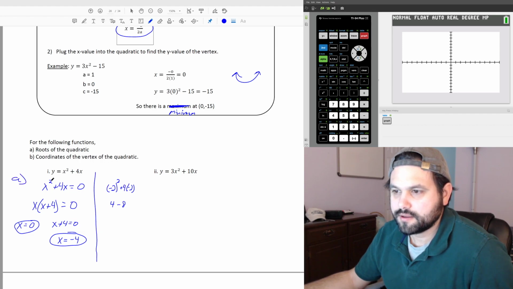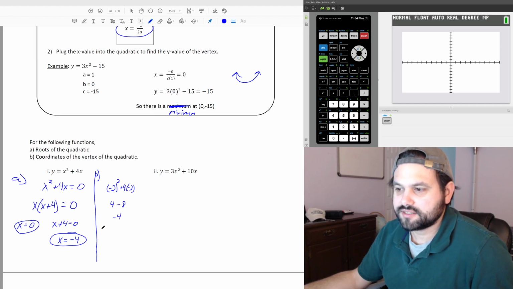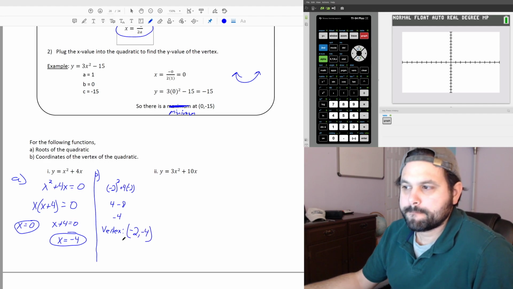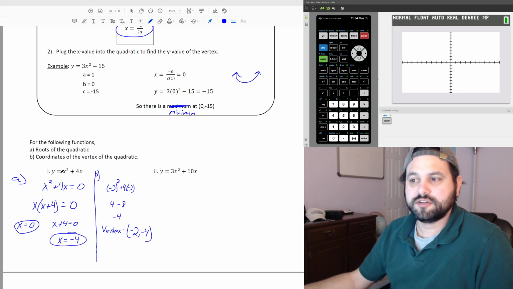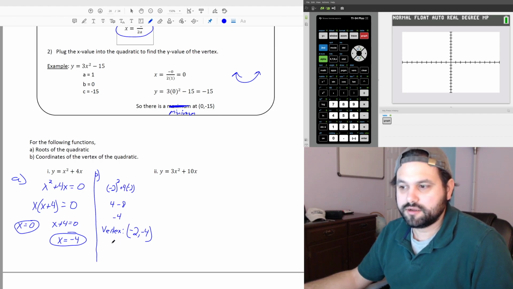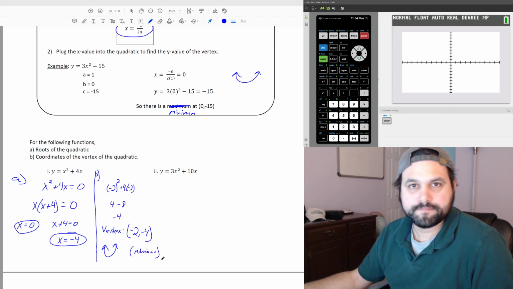This is part A. This is part B. We're going to have a y value of -4. And so the vertex is going to be at -2, -4. And the a value, the coefficient in front, is positive, which means this is going to be a regular U-shaped parabola. This is going to look like this, which makes it a minimum.